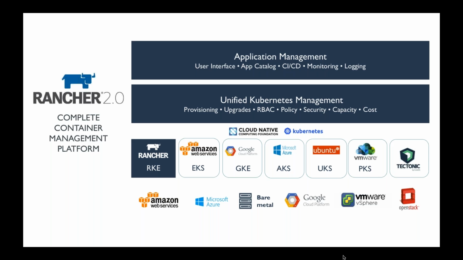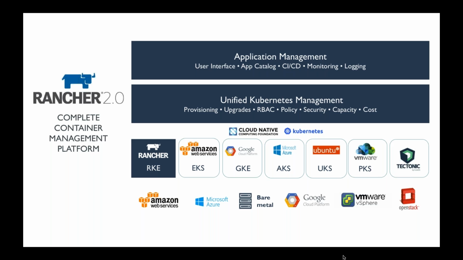There are various tools available for monitoring, logging, and CI/CD. All this application management rests on the management layer, which is a unified Kubernetes management layer, which facilitates the provisioning of workloads, upgrades and rollbacks, and provides various authentication policies and security policies. Also, on top of that, Rancher 2.0 offers a role-based access control model.